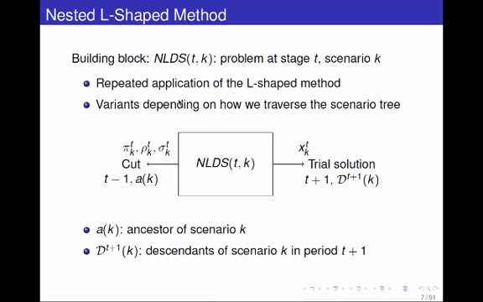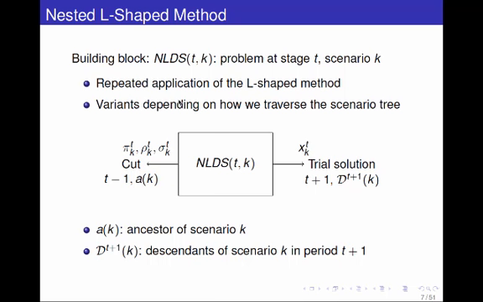So how many of these did I have in the previous tree, since I'm indexing it by time period and scenario? I have 7 of these, and when I solve them, I can generate 2 possible things.